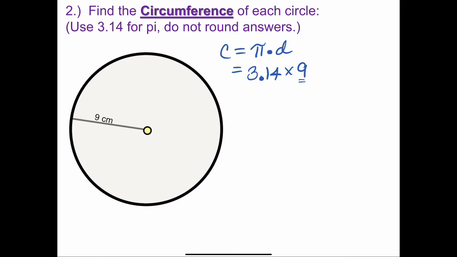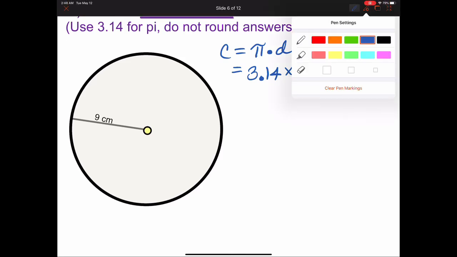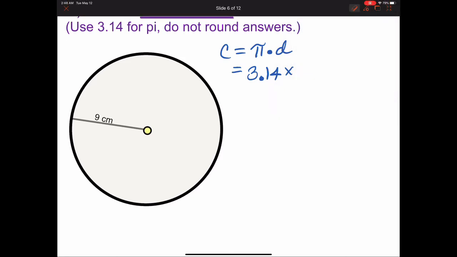What do you think? Does that seem right? No, it's not going to be times 9, not at all. Think about what numbers you're given here. What is this number? That is not the diameter. That is the radius.